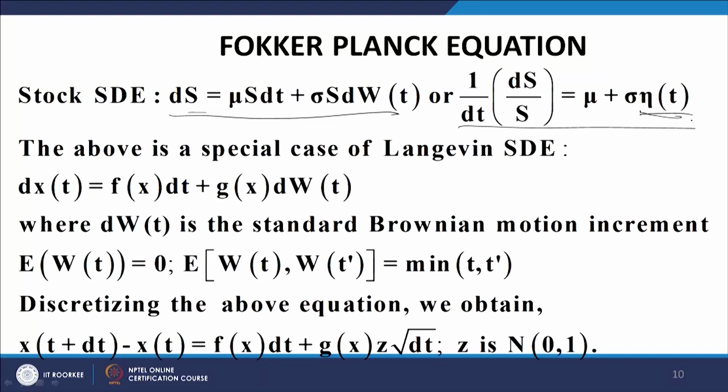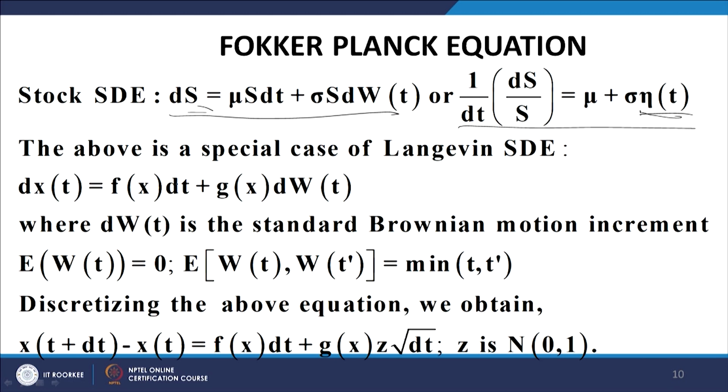But anyway, this equation is of the form of a Langevin equation, a stochastic differential equation. We start with a relatively more general form and write this equation as dx_t equal to f(x) dt plus g(x) dw_t.